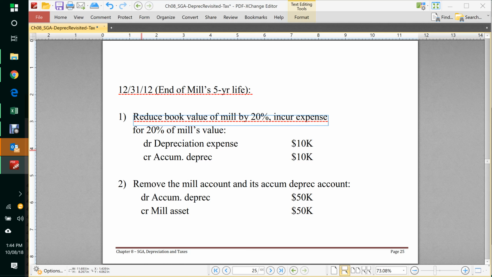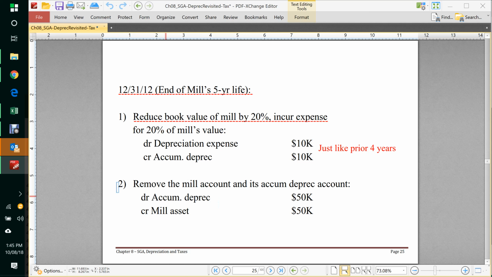Just like the other 4 years, we're going to record the depreciation expense and the accumulated depreciation. So this is just like the prior 4 years.